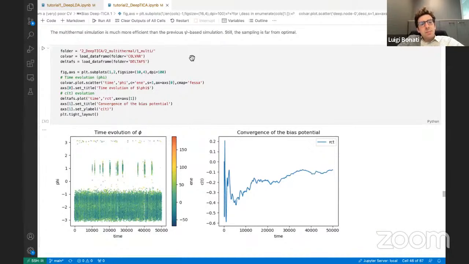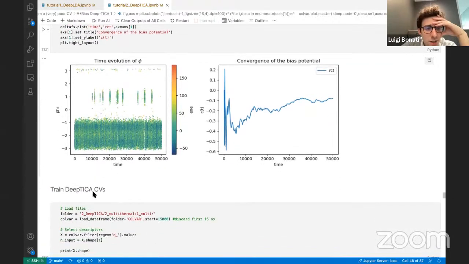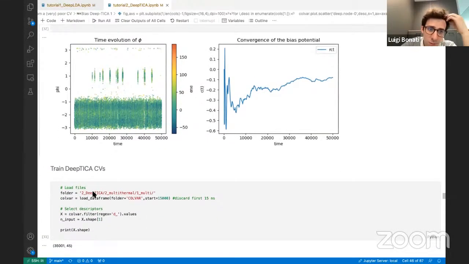And as we see here, it's working. This simulation is 50 nanoseconds. Using a multi-canonical simulation is much better than using Psi. Still, the free energy will not be perfect, especially because we see here that the intermediate regions are quite poorly sampled.